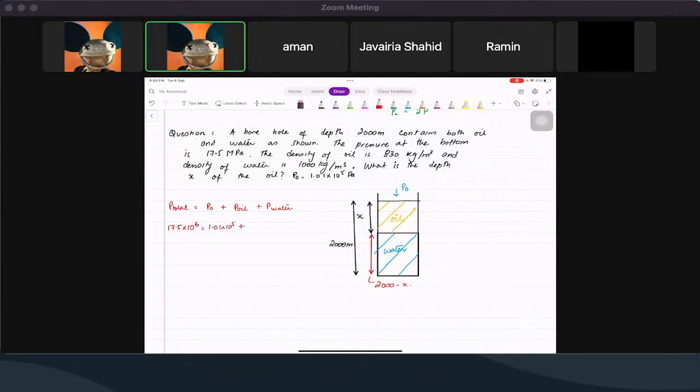For oil it is going to be 830 times 9.81 times x, that's the depth, plus for water it's going to be 1000 times 9.81 times 2000 minus x. When you solve this, you should end up getting approximately 1300 meters.